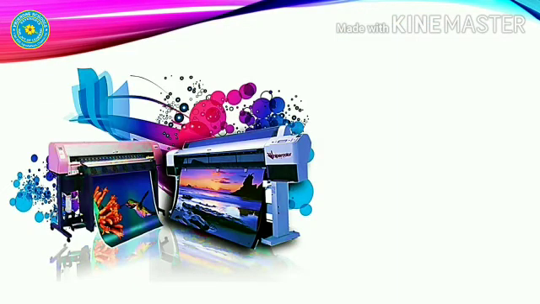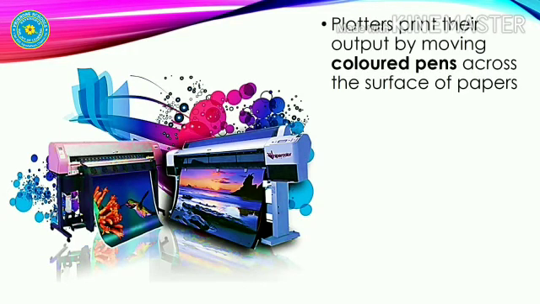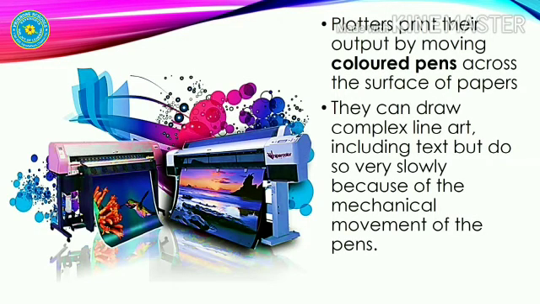Do they have different colors? Yes, they print by moving colored pens across the surface of papers. They can draw complex line art, including text, but do so very slowly because of the mechanical movement of the pens. As I said, it is used for flex printing.